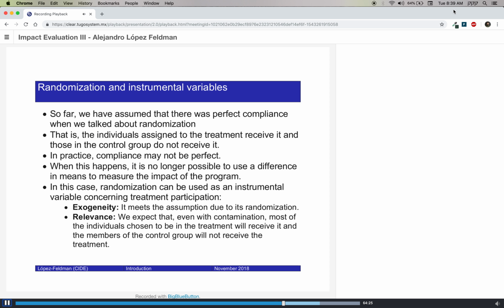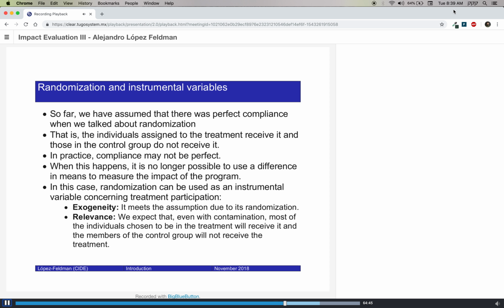So what happens? Well, this is bad news because we cannot have a difference in means as previously done. But in this case, we can use an instrumental variable because I can use randomization as an instrumental variable. So how does this work?